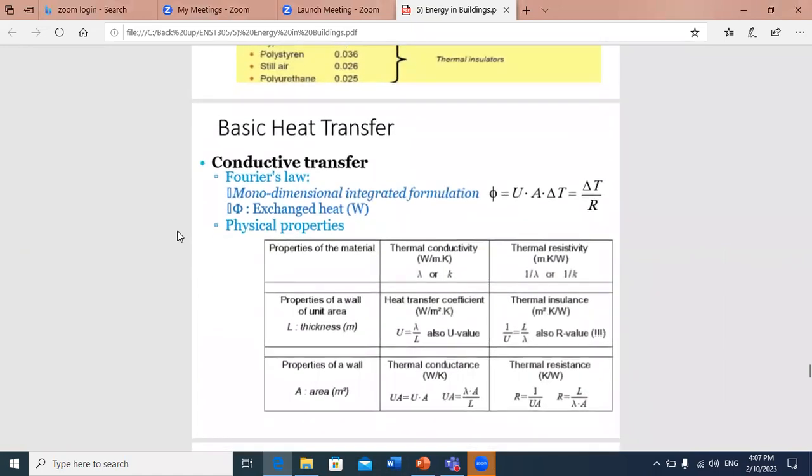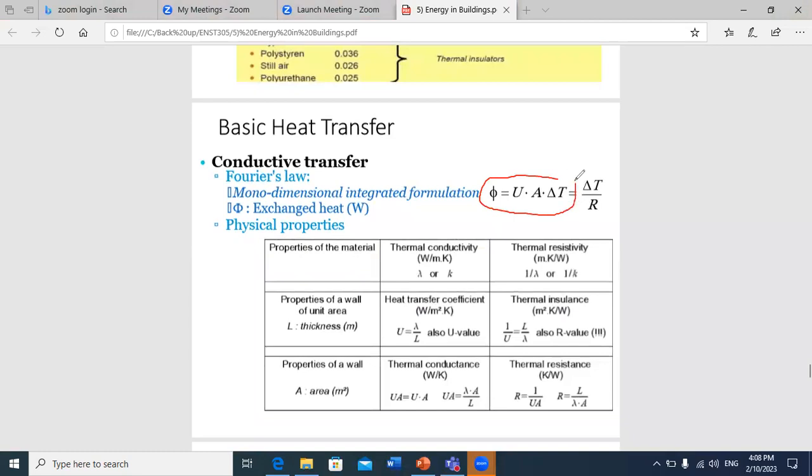Now, here we can summarize, if you want, the main properties affecting convection. If you want to calculate the flux in watt, you just have to multiply by the area. And we'll see together that we can give a general expression for flux, if it's conduction, convection, etc. And we define what we call the U value.